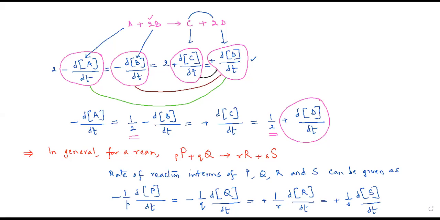That's it. So this is how rate of reaction in terms of the reactants can be given. Okay.